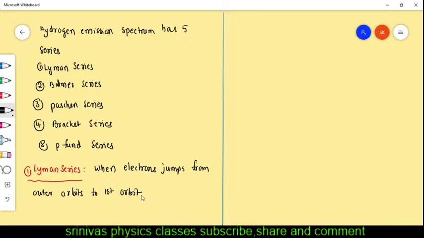When an electron jumps from outer orbit to the first orbit, the spectral series belongs to the Lyman series, and these spectral lines are in the UV region. That means UV rays are emitted during this transition.